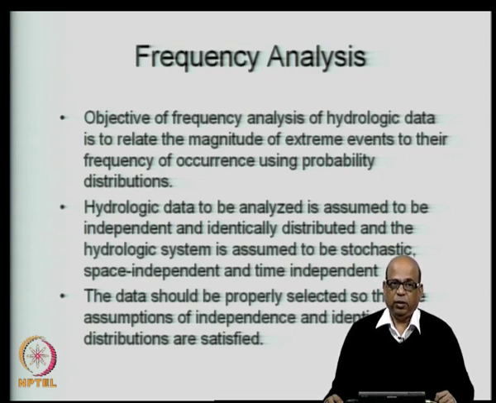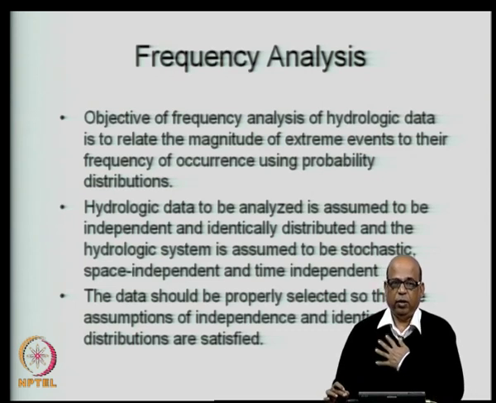A basic assumption in doing this frequency analysis is that the data that we have, let us say the stream flow data at a particular stream gauge, is assumed to be stochastic, space independent and time independent.